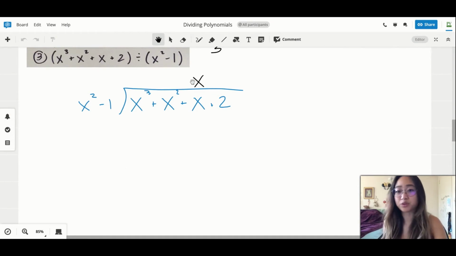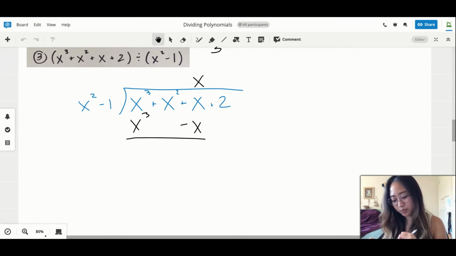So let's distribute this to our divisor. x times x squared is x cubed, and x times negative 1 is negative x. So always remember to line up the respective terms with their same degrees. Notice that we did not get a term for the second degree, or an x squared term.